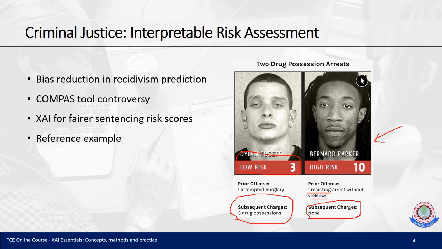But he is classified as a high-risk person. So this COMPAS system gave a score based on racial group, not based on history of records.